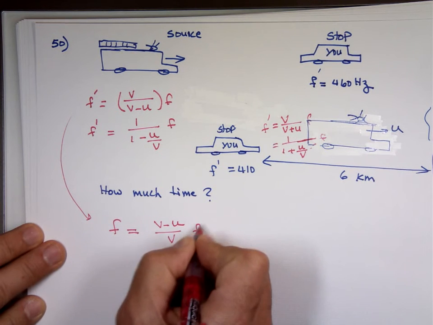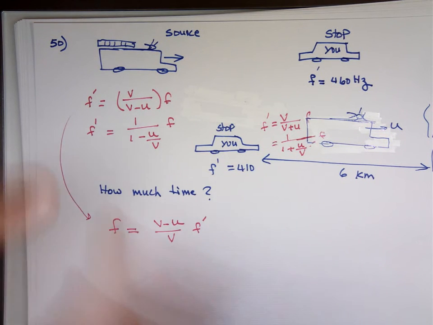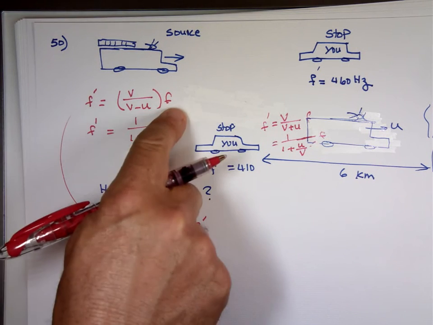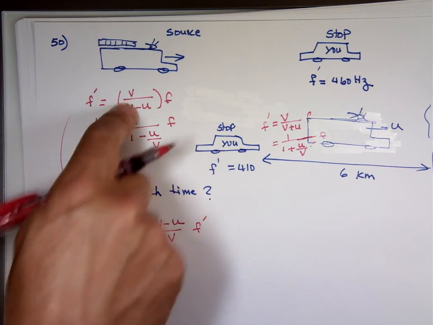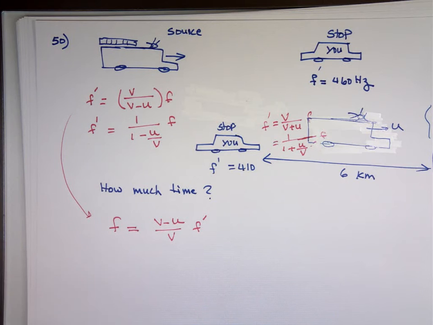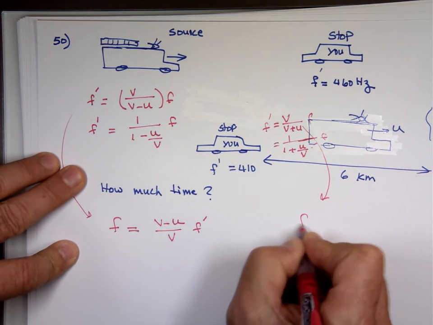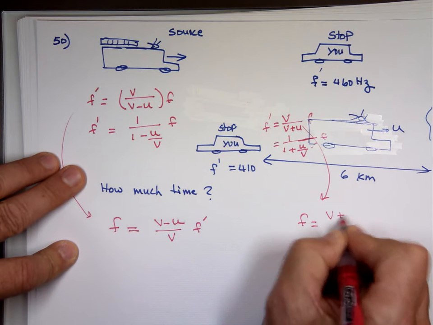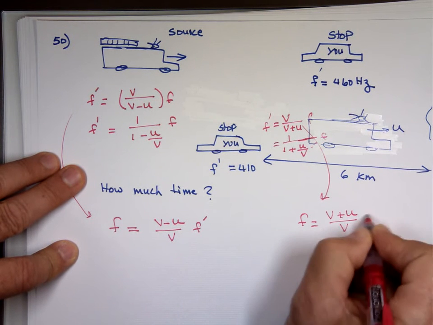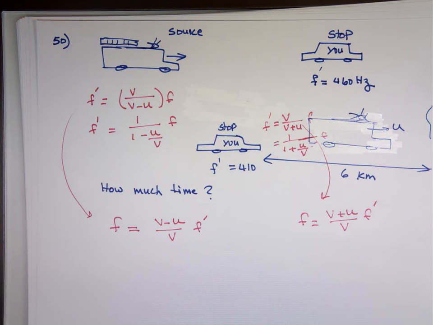We're solving for F, for that F, not this F. And if I solve the other for F, I'm going to have V plus U over V times F bar. Well, F bar is the same. That's the frequency of the siren of the fire truck.